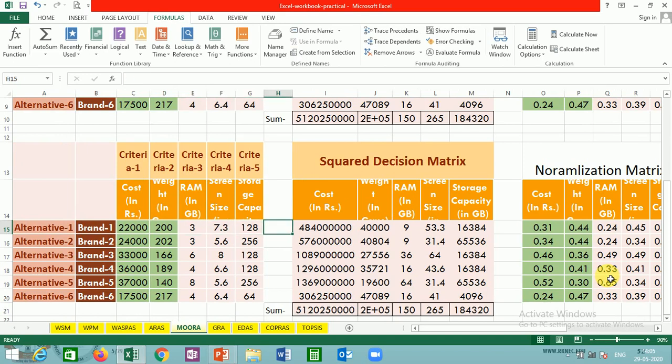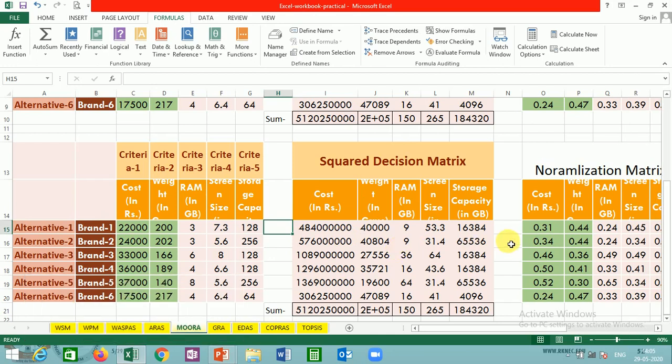As per the MOORA method, the squared decision matrix will be required, because in the normalization the method says that each value should be divided by the square root of the sum of squares of all the values of the respective column. So the very first step is making a square of this matrix, so every value will be squared over here.